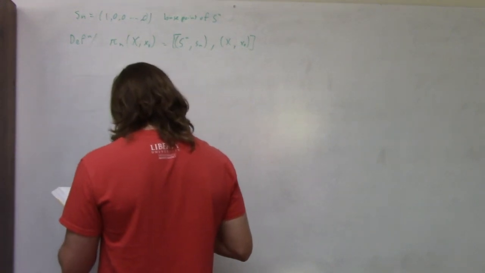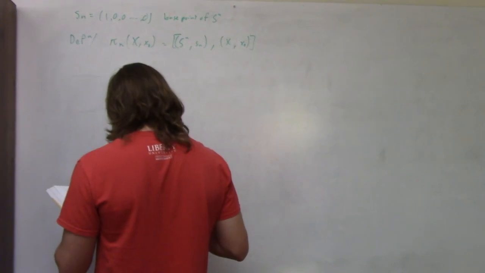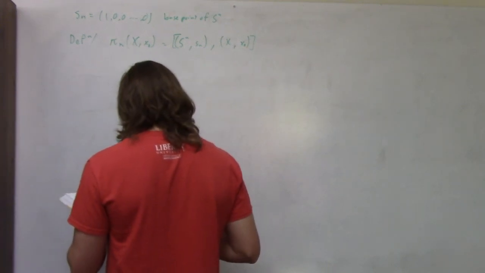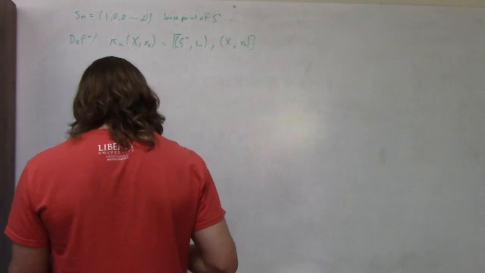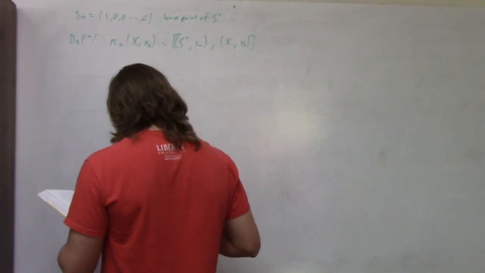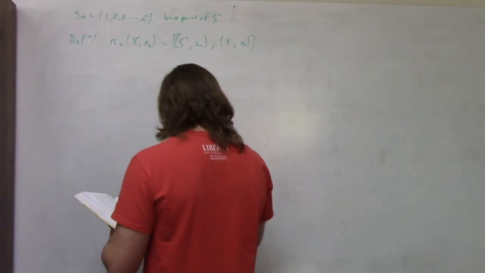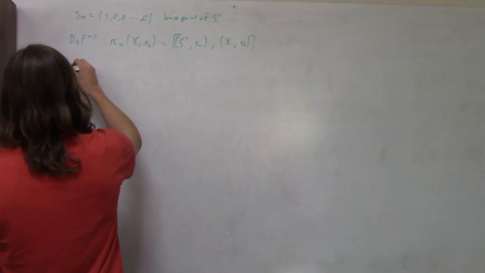And these are called, when n is greater than or equal to 2, higher homotopy groups. And pi n is a functor.